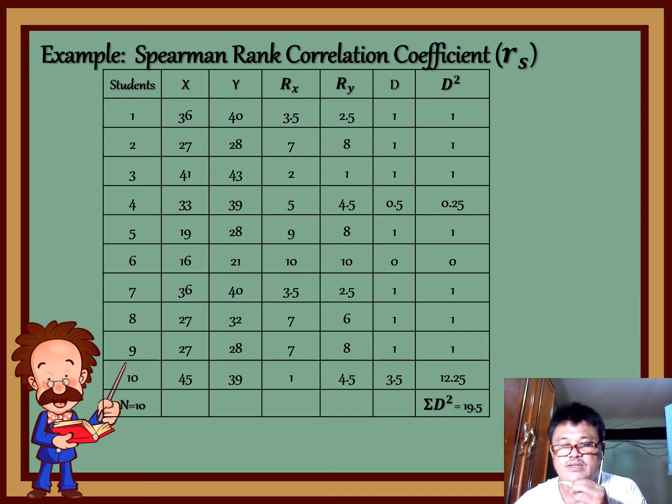Summation symbolizes the sum of all the scores. If we add all the scores in the column D squared, the result will be 19.5. After getting this, we can now proceed to the computation of R sub S, or the Spearman rank correlation coefficient.